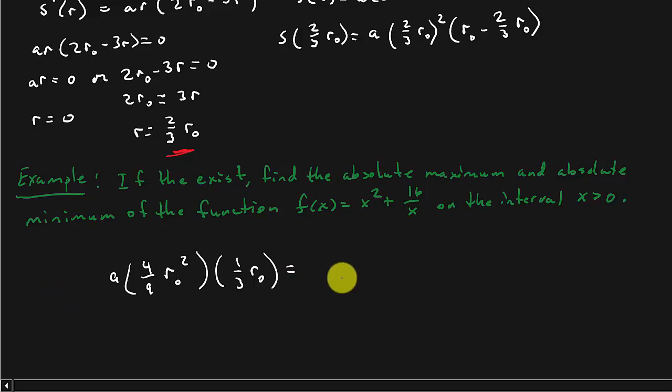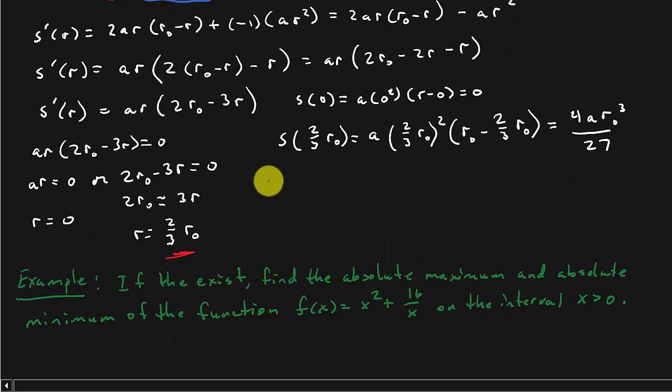And so when I multiply all of that, that is going to be 4 r0 cubed. Let's just stick the a right here. 4a r0 cubed over, what is that, 27? All right, so that's going to be 4a r0 cubed over 27.